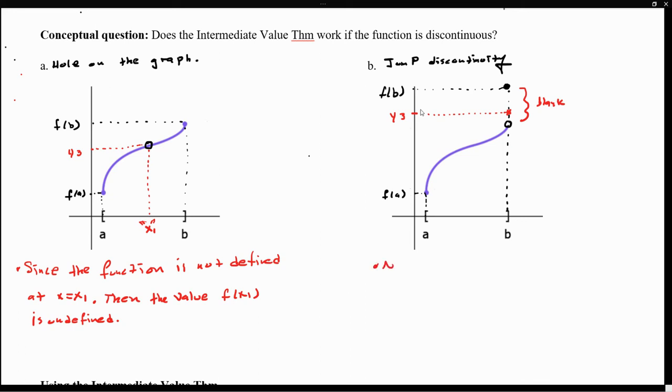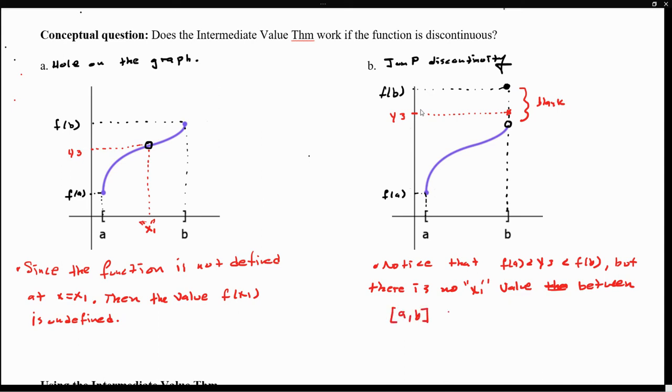Therefore, notice that y3 is still between f of a and f of b, but there is no x1 value between a and b that has y3 as the range.